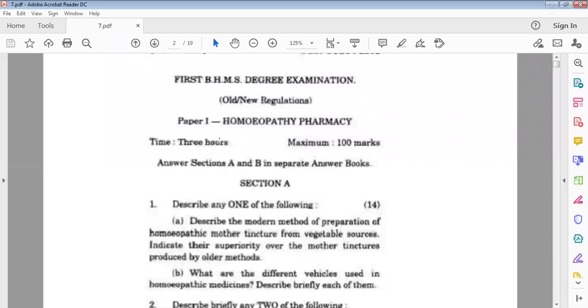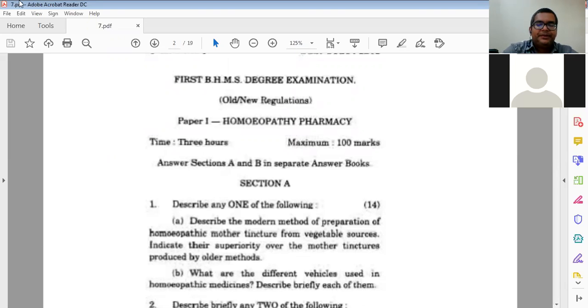So don't get stuck on vegetable sources, because the word is only for confusion. In the modern method, when you are preparing, there are no such classifications. There is no 9 classification in the modern method. So the vegetable kingdom is just to confuse you.